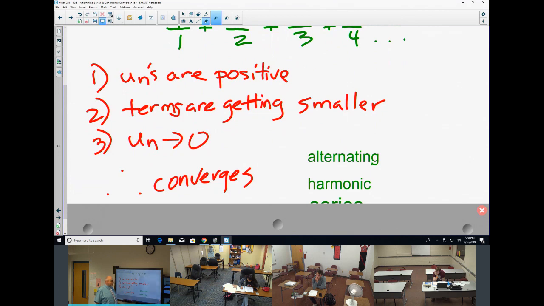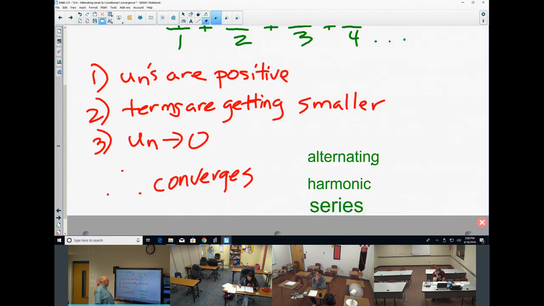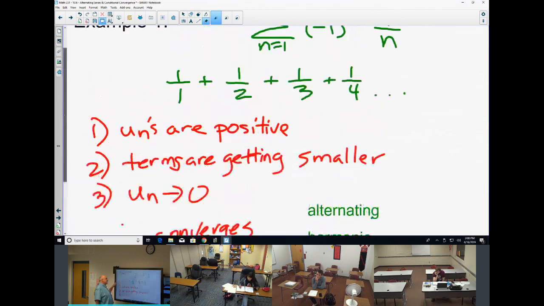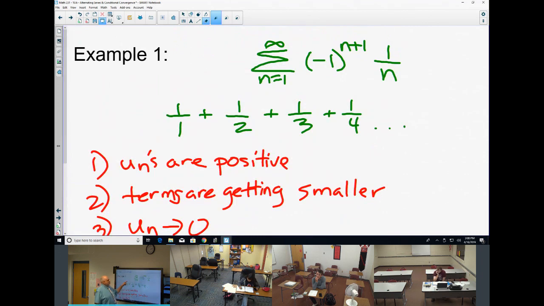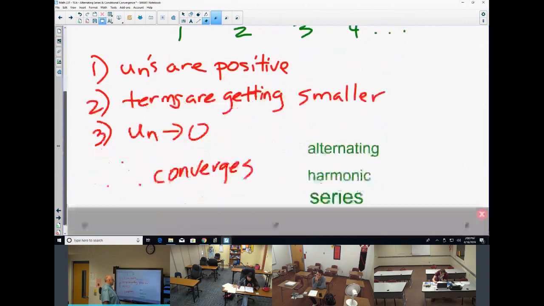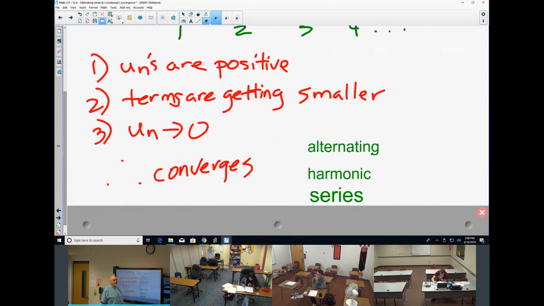Okay? Now, this series actually has a name. This is the alternator, right? And this is the harmonic series, 1 over n. So this is called the alternating harmonic series.